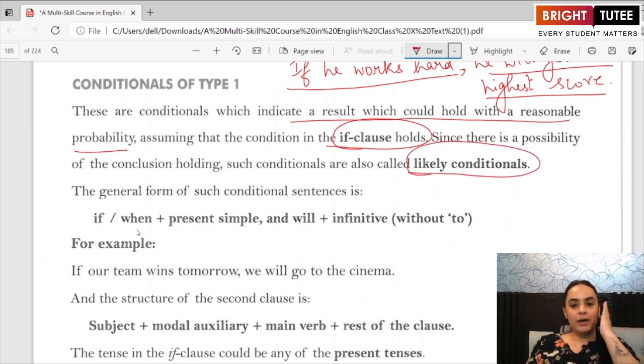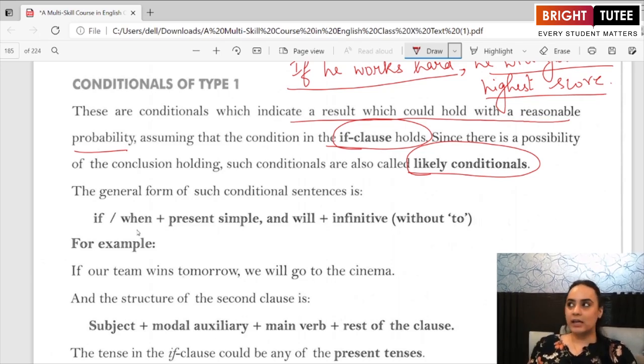When we talked about the zero conditionals, we talked about those sentences which are general, or which talk about universal or scientific facts which cannot be denied. When we talk about the conditionals of type 1, we talk about those sentences in which the occurrence or the result of the main clause depends on the probability of my if clause.